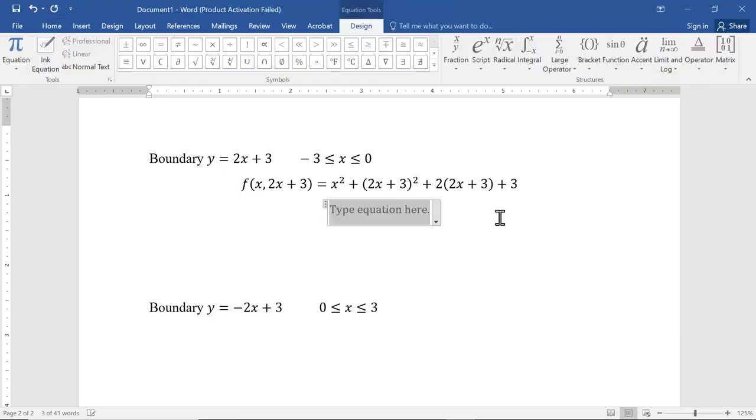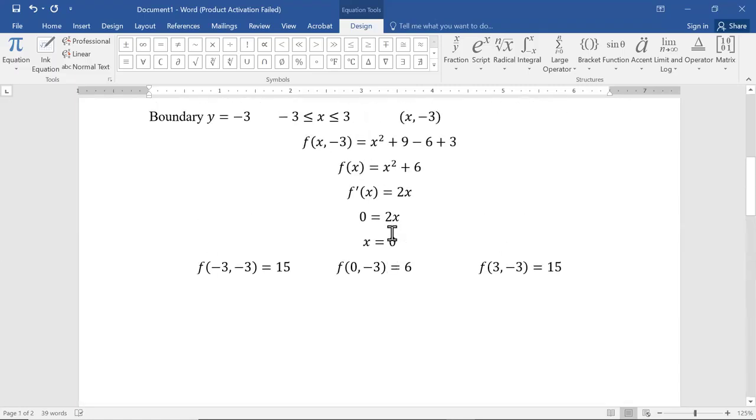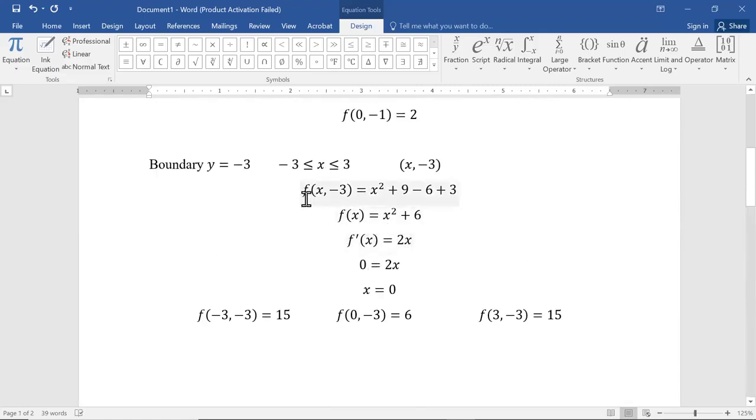So I'm just going to call that my new f sub x. I guess I could call that g of x. Maybe that's a better way of writing it so that we don't get it confused with my original f, which had two variable inputs. This is a single variable function that I'm finding the critical value of.